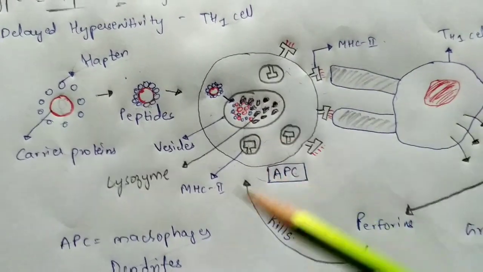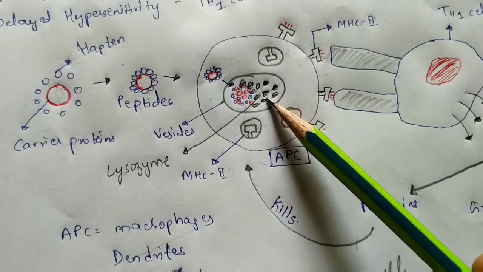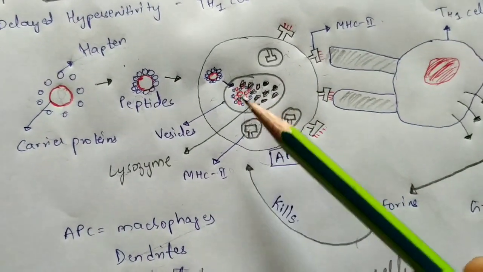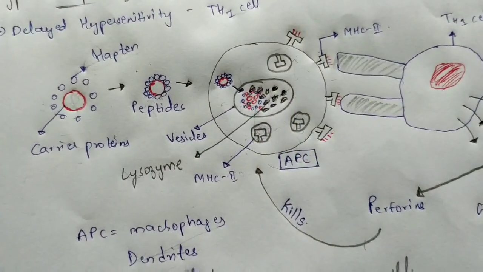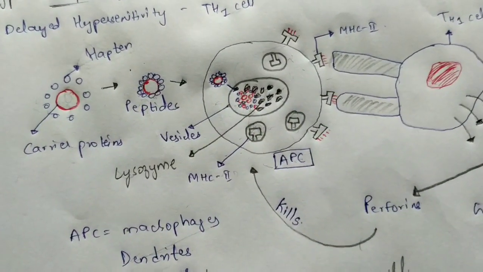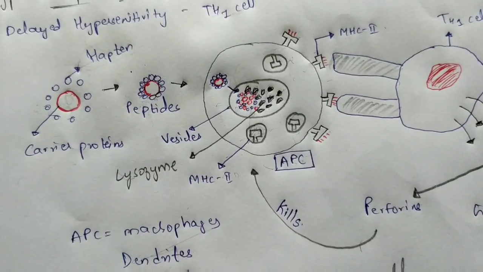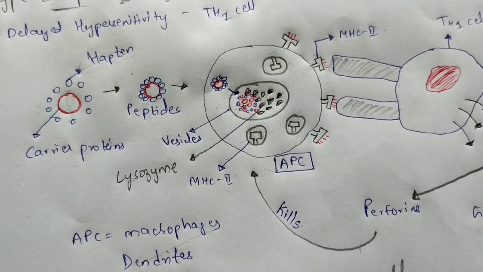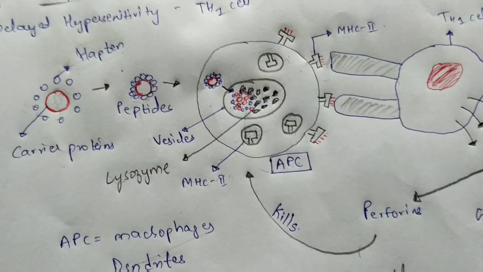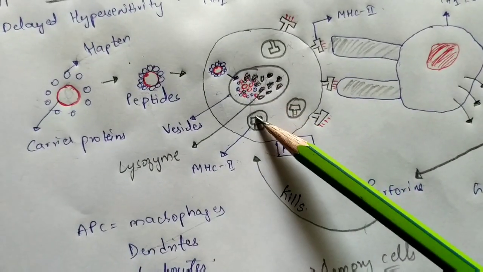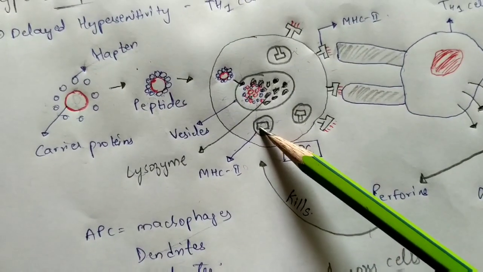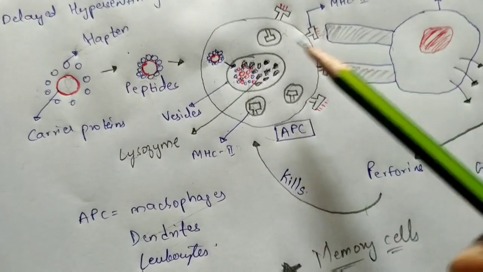So this lysozyme will break down these peptide linkages, right? And when these peptide molecules break down, all of these small fragments will be released, and those fragments are normally said to be antigens. You should name them as allergens, so that all of these allergens will get attracted towards these MHC class 2 molecules which are present in the other vesicles, right?